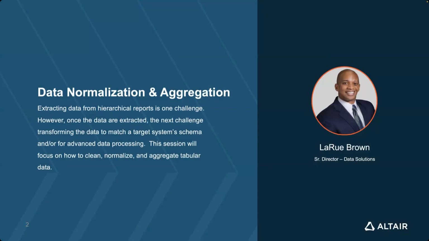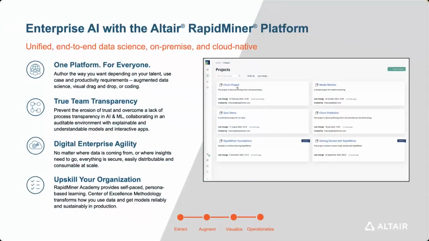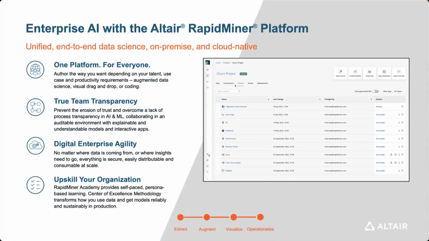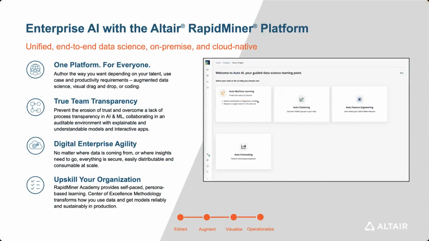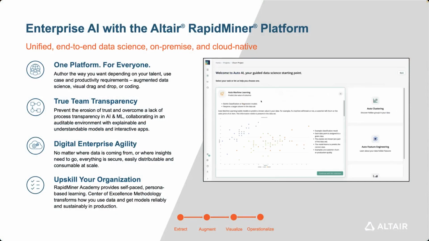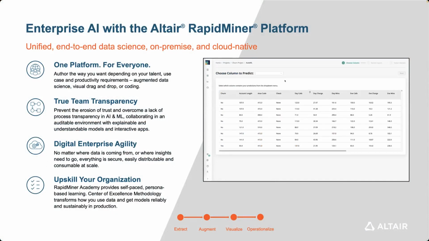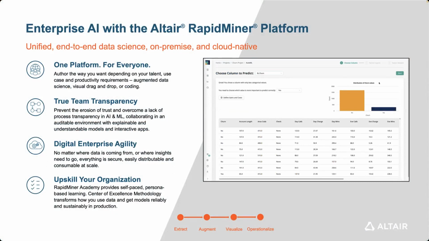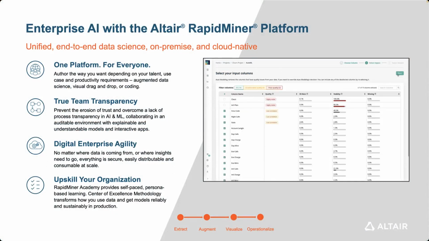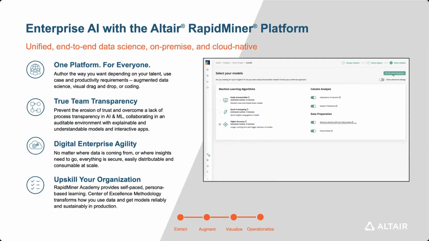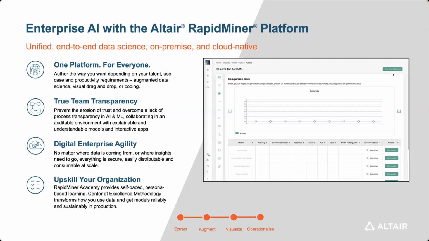So today I want to spend a little time talking you through how we can leverage Altair's RapidMiner platform to do that. Just as a reminder, this is a full end-to-end platform that's designed for all personas, whether you're a data scientist, a business analyst, an executive, or anywhere in between. It gives you the flexibility to easily build out repeatable workflows that will scale and grow with you. It gives you the ability to work collaboratively across teams, across different skill sets, and those different personas I mentioned.